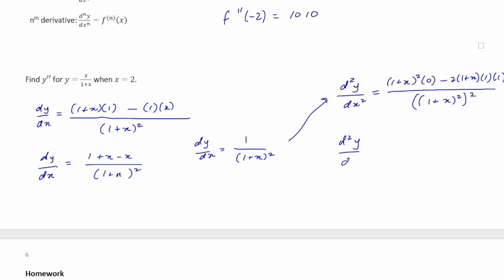Cleaning this all up, I get negative 2 minus 2x all over (1 plus x) to the power of 4.